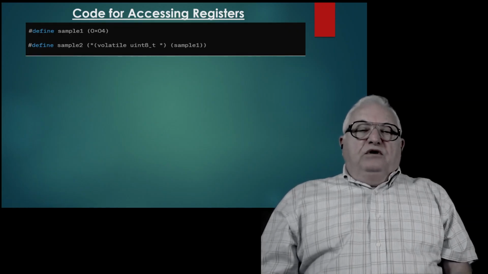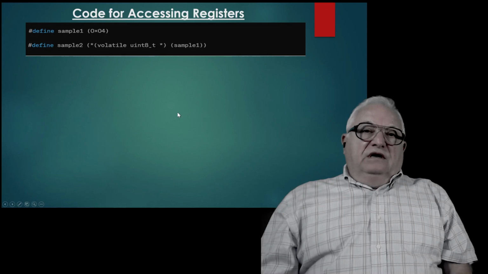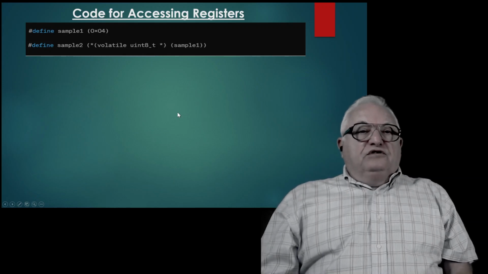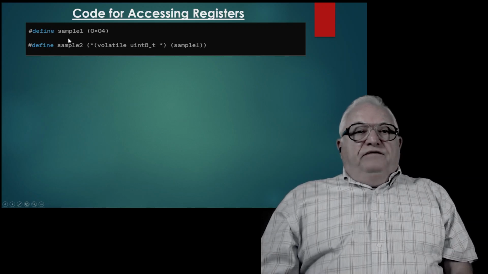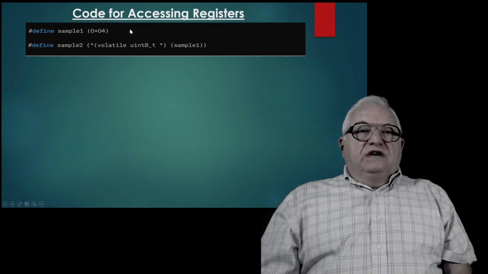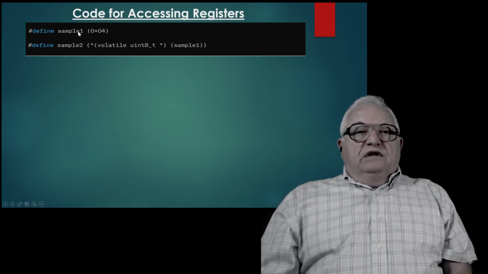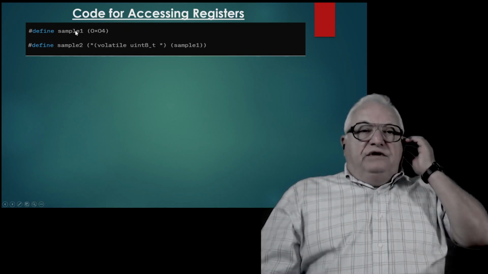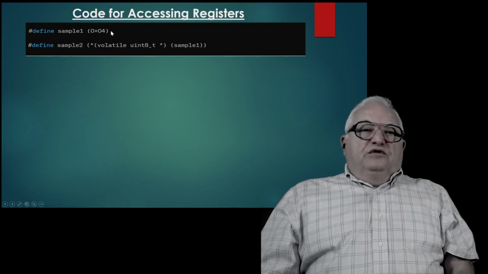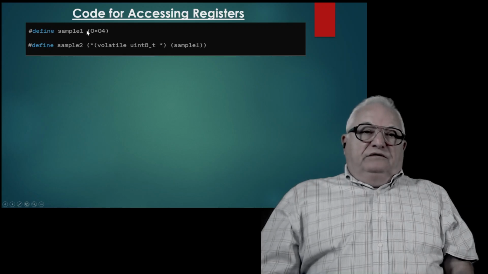Okay, so how do we go about accessing the registers? So we have here two lines of code. The function of the first line of code would be to assign to sample 1 the register address. So in this case it will be 04.